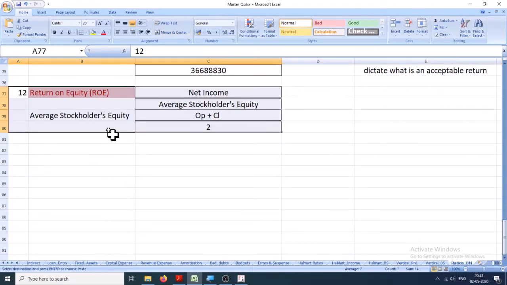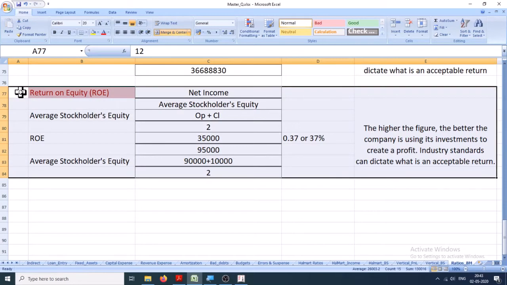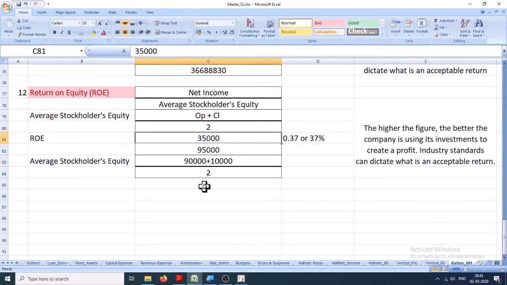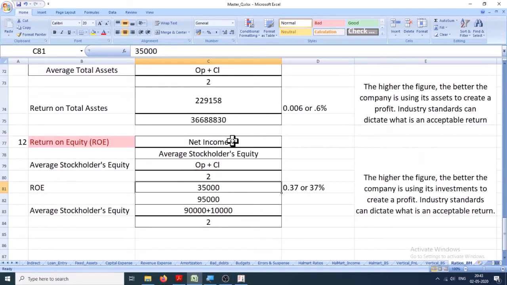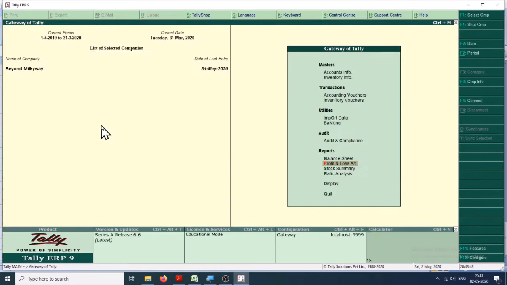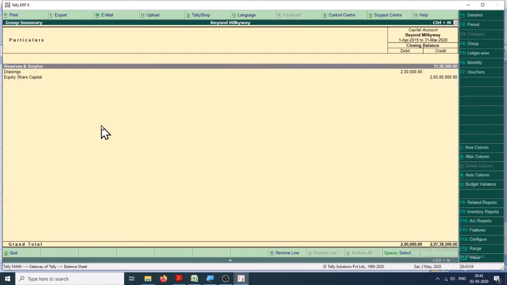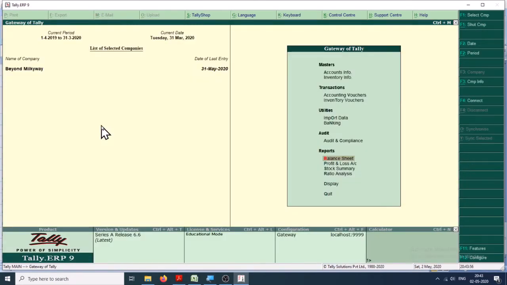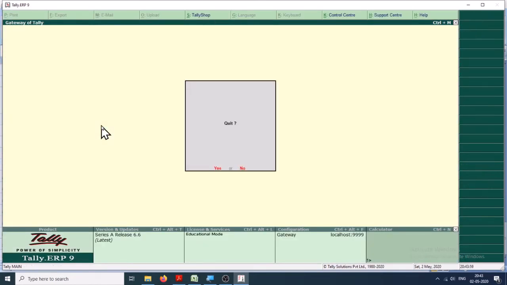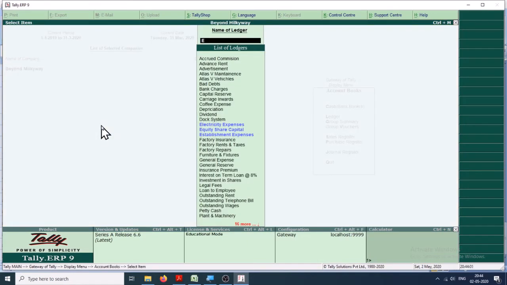What is the net income? Net income is 229,229,158, and the average stockholders' equity is, go to the balance sheet, go to the capital account. Go to equity share capital.